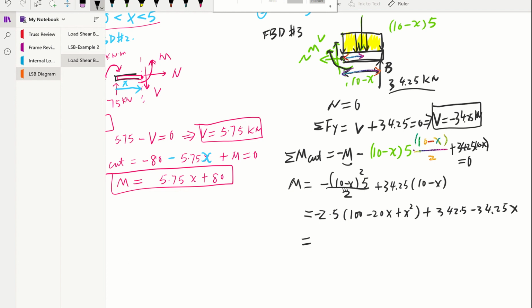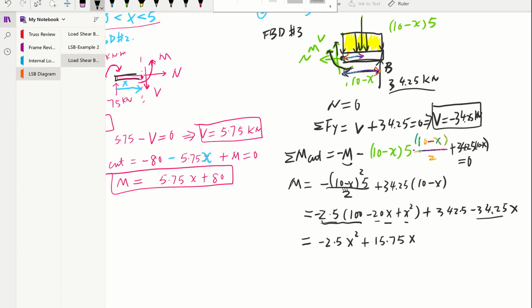Then your power of 2 term will be negative 2.5x squared, and for the power of 1 term, you have negative 2.5 times 20. That will give us 50. Then you have another one, the minus 34.25. That will combine together. That will be 15.75x.